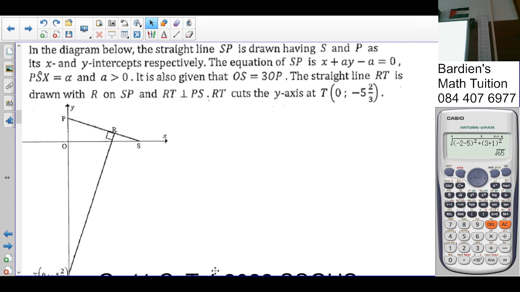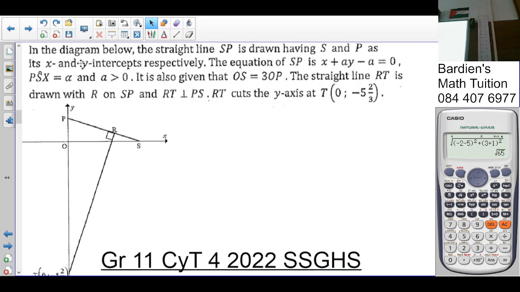Right. So we are told here that in the diagram below, straight line SP is drawn, having S and P as its x and y intercept respectively, which means to say that the equation of SP is x plus ay minus a is equal to 0.